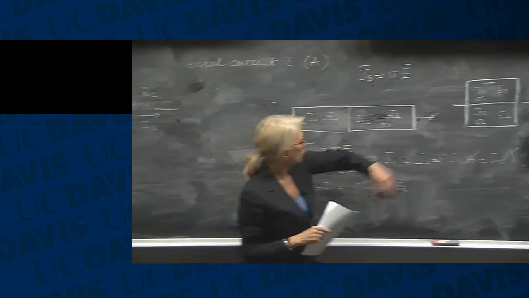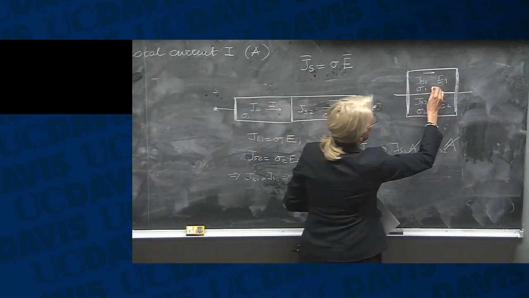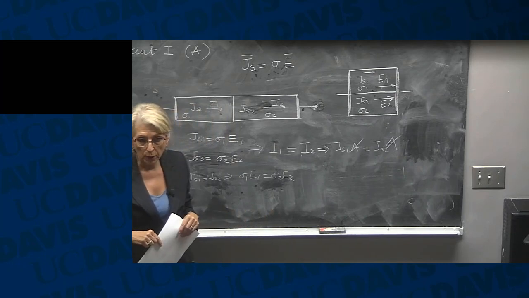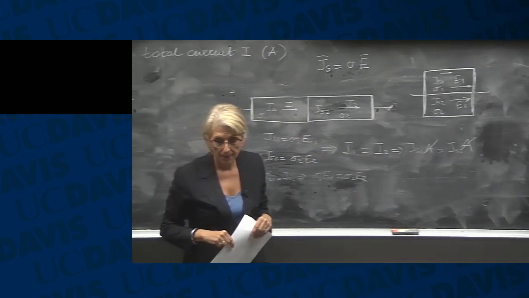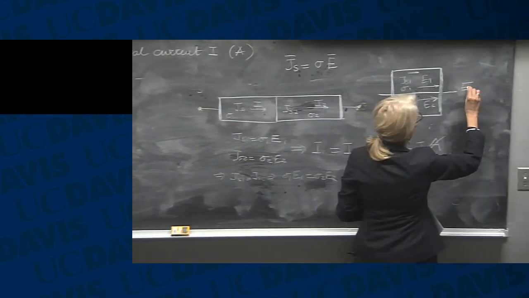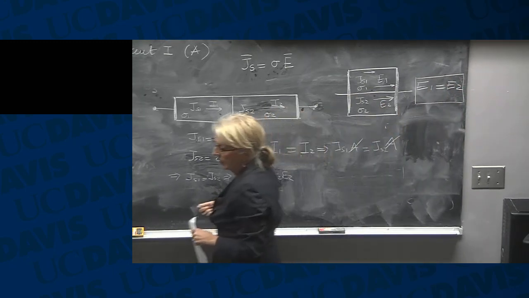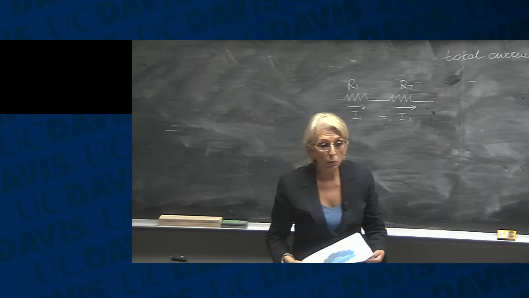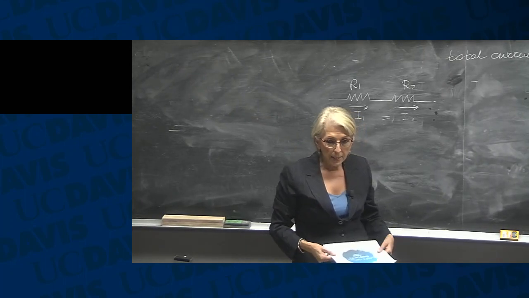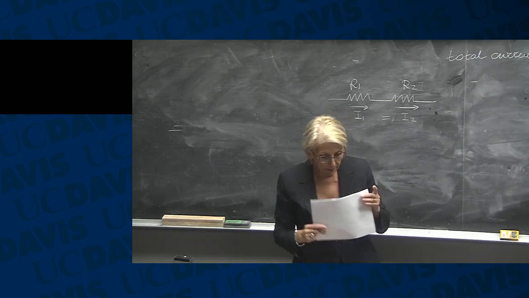What is the boundary condition between these two? E1 goes like this, and E2 goes like that. The two are tangential. So the boundary condition between these two conducting materials is that E1 equals E2, which is also very similar to what we've seen in dielectric interfaces, where what is equal through the dielectric interface? The tangential component of the electric field. All right, so this is the material we've had so far.